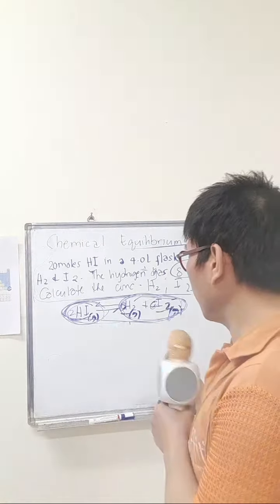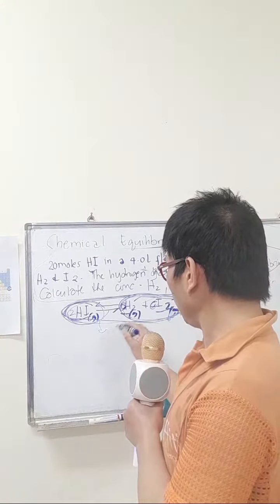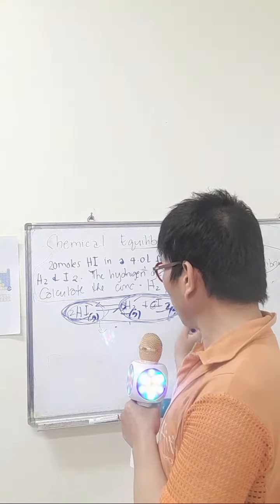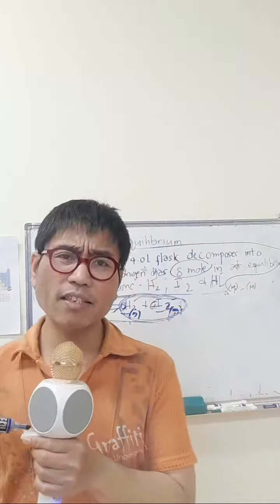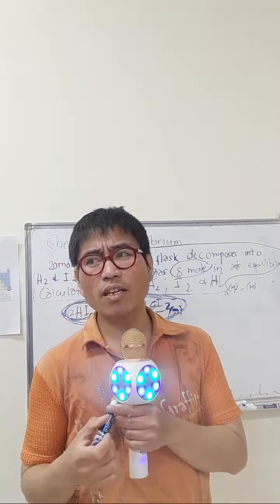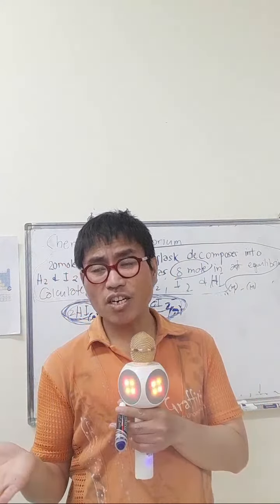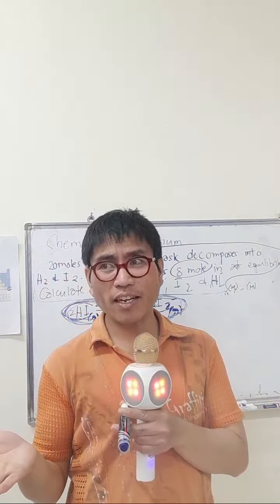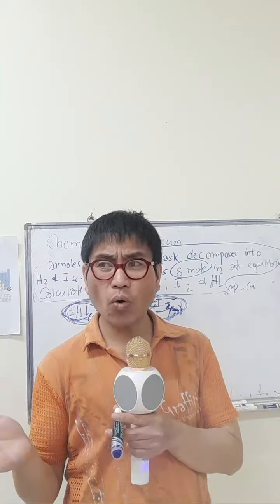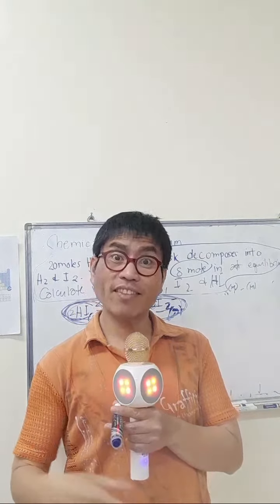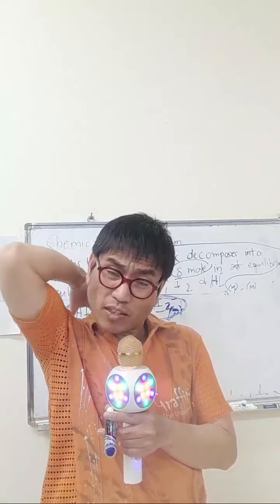This is a reversible reaction. If you add H2 and I2, it will go back to hydroiodic gas, even without adding energy or any external energy or any process involved.